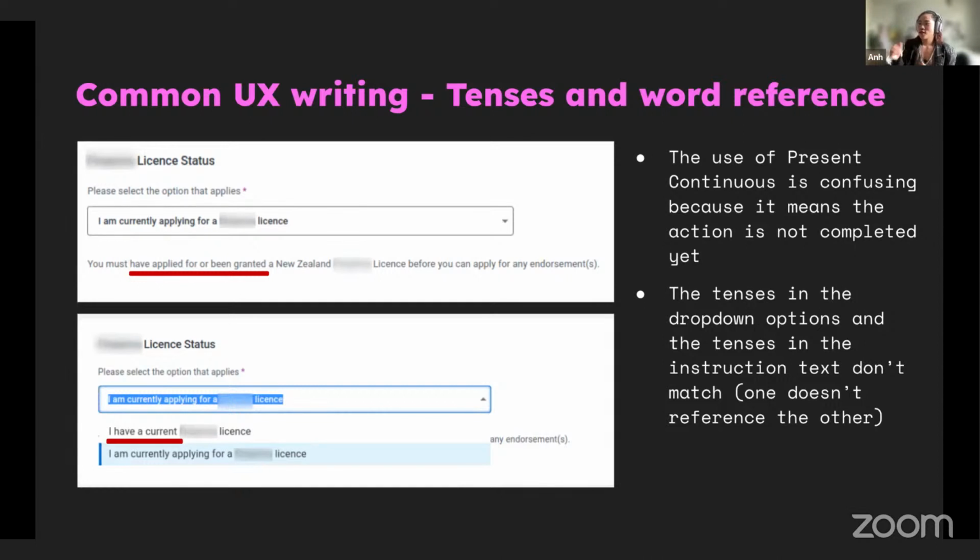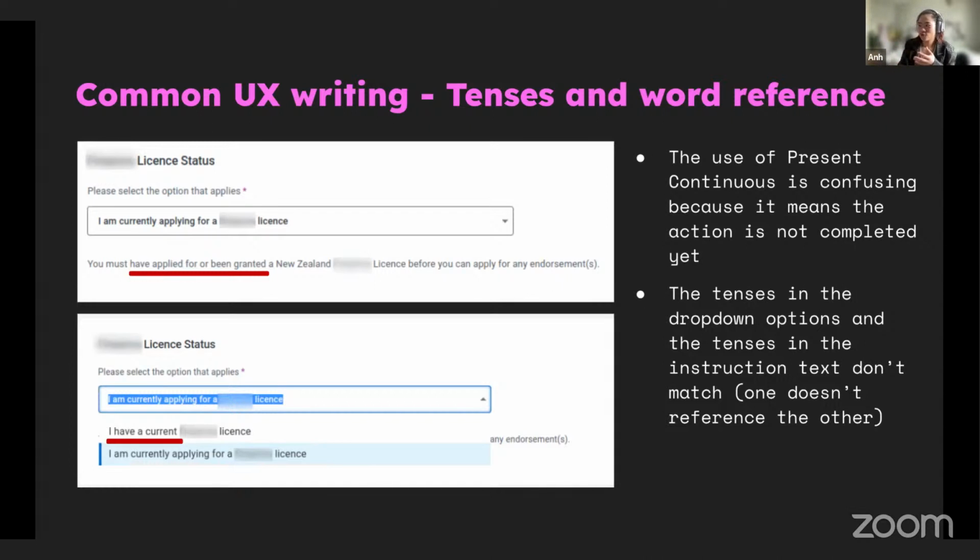Because here the use of present continuous, I am currently applying for a license, means the action is not completed yet. And as someone put in the comment, does it mean I do not have a license? Why don't you just say that? What's the difference between I'm applying and I have a current one? What does it mean and how is it affecting my form submission?